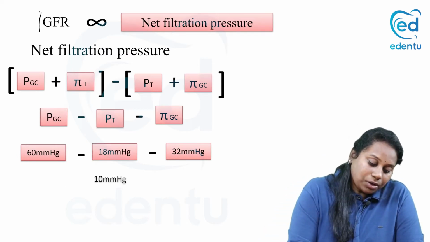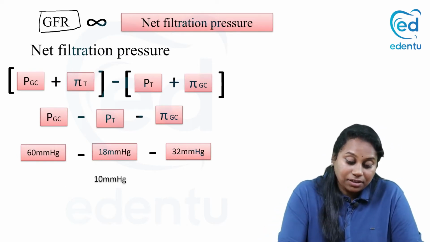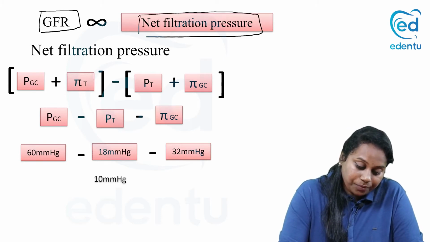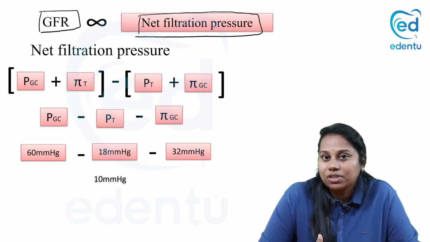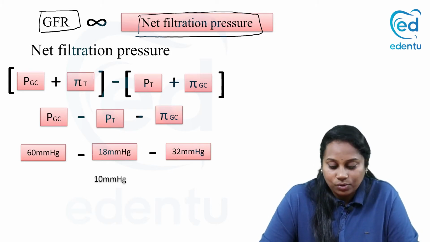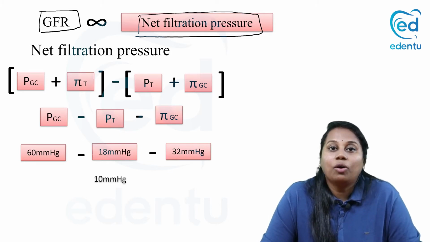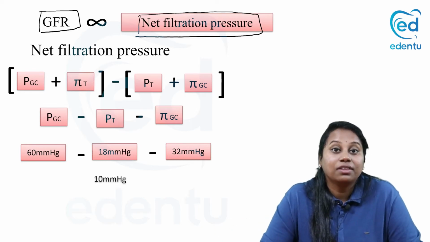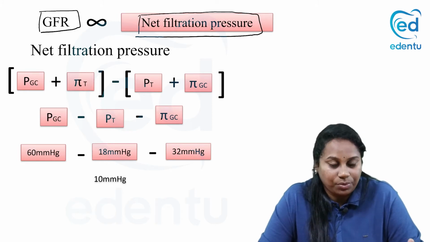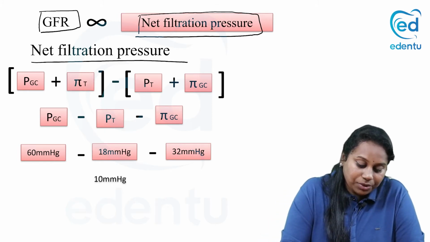So having learnt about GFR and net filtration pressure, see what is net filtration pressure? If you take the forces which are favoring filtration and subtract the forces which are opposing your filtration. So just remove the forces which are opposing your filtration. That will give you net filtration pressure. So what is net filtration pressure?